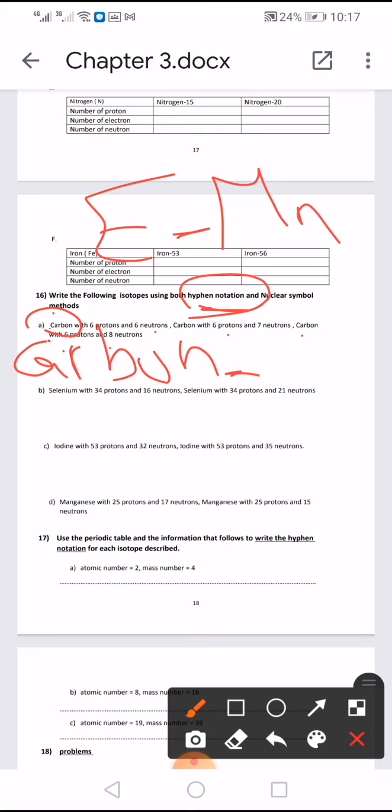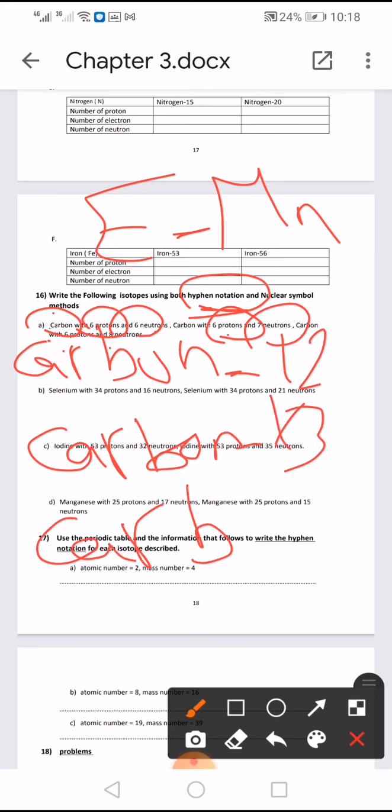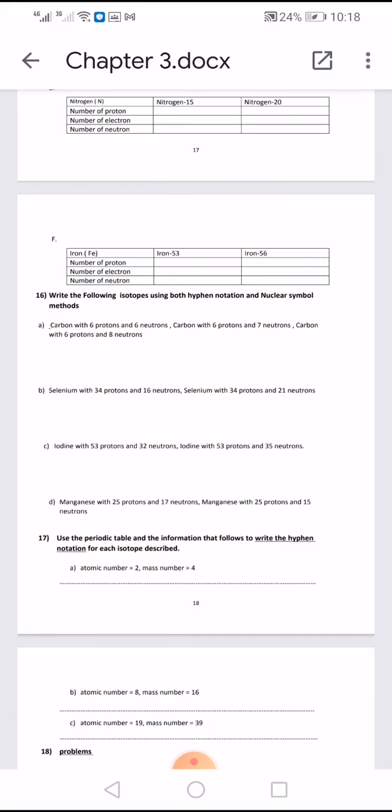For the first one, mass number equals protons plus neutrons, so 6 plus 6, 12. Second one, carbon, then write the mass number: 6 plus 7, which is 13. Carbon, 6 plus 8, 14. This is hyphen notation. And the rest of the problems are the same as the first one.